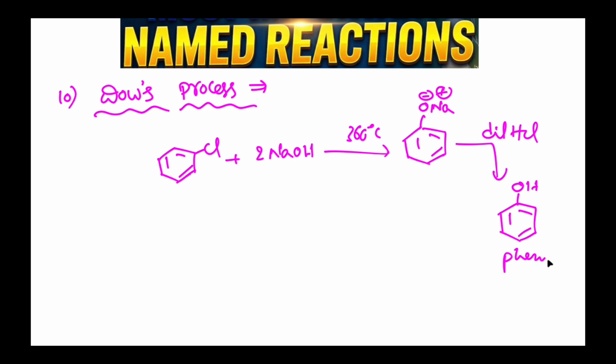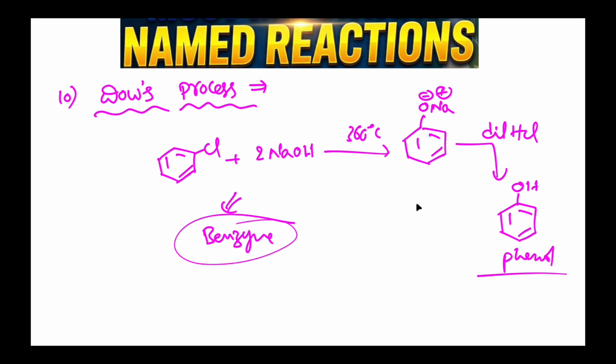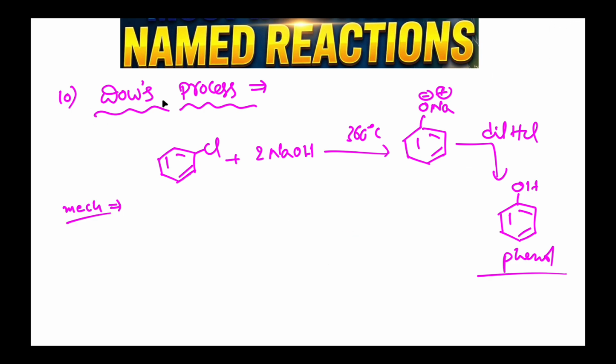Actually, this reaction, Dow's process, proceeds by the formation of a benzyne intermediate. If you see the Dow's process mechanism, first chlorobenzene is treated with NaOH. In that, OH minus takes out this proton.